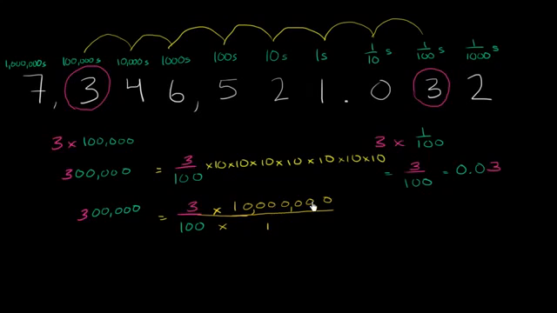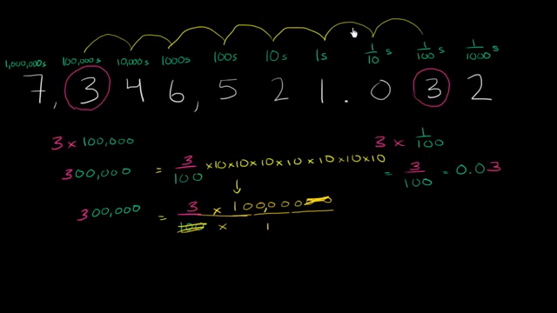Well, you divide the numerator by 100, you're going to get rid of 2 of these zeros. Divide the denominator by 100, you're going to get rid of this 100 here. And so you're going to be left with 3 times, and we have to be careful with the commas here, because since I removed 2 zeros, the commas are going to be different. We put our commas in the right place, just like that. So this simplified to 3 times 100,000, which is indeed 300,000. So it did work out.